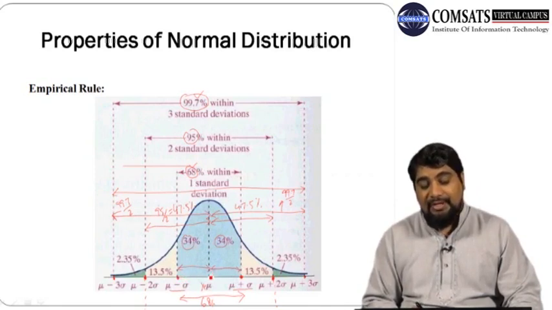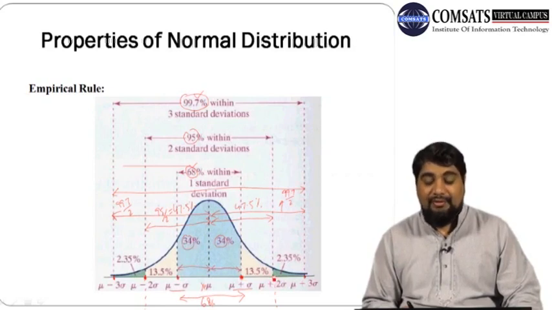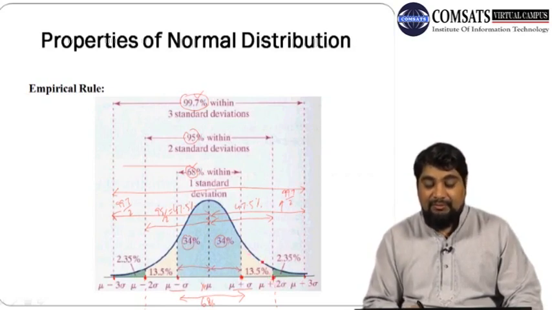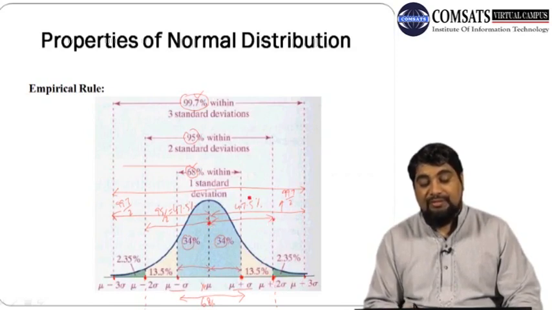Suppose we are interested in finding the area from mu plus sigma to mu plus 2 sigma. From the empirical rule we know that the area from mu to mu plus 2 sigma is 47.5%, and the area from mu to mu plus sigma is 34%.